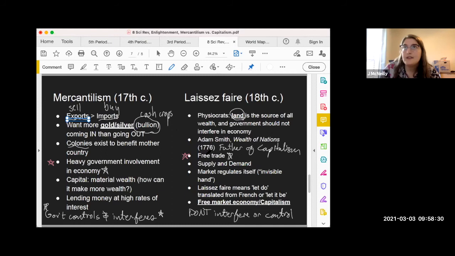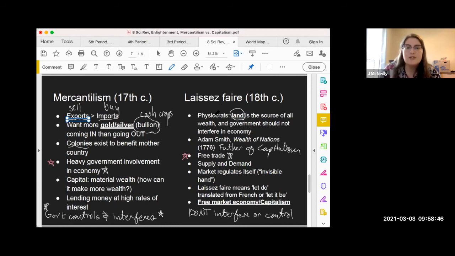Okay, so go ahead and save your notes for the next 3 years, because you are going to need to know these topics. This slide is going to come back over and over again, or at least the material on it. So what changed with laissez-faire capitalism?